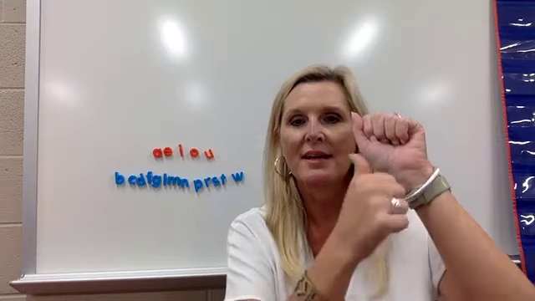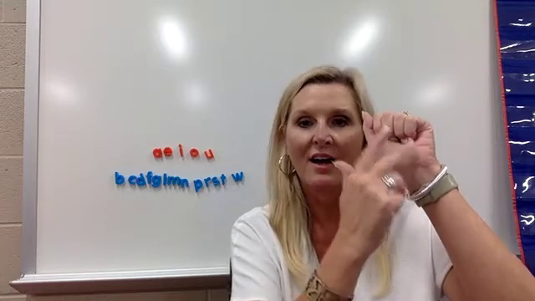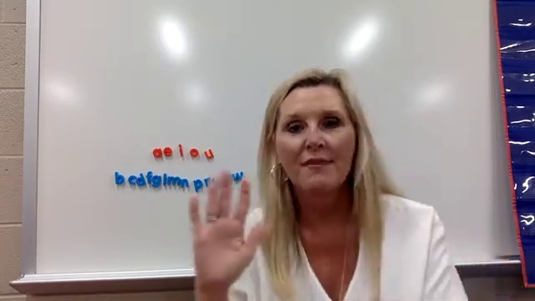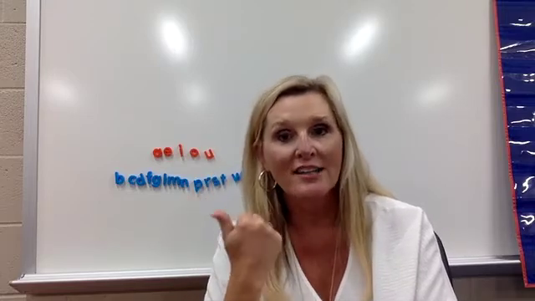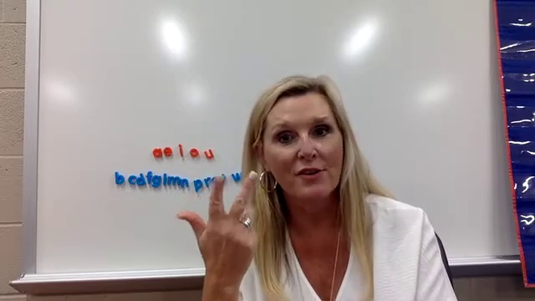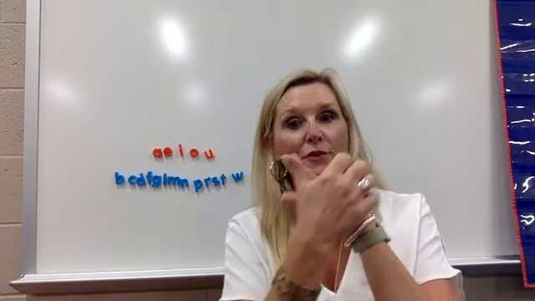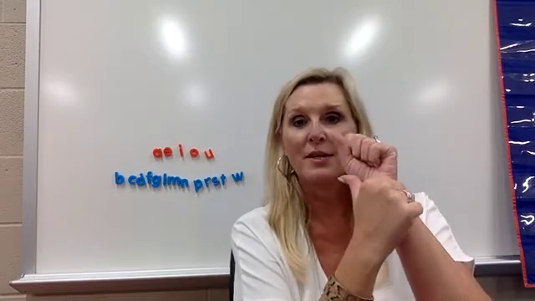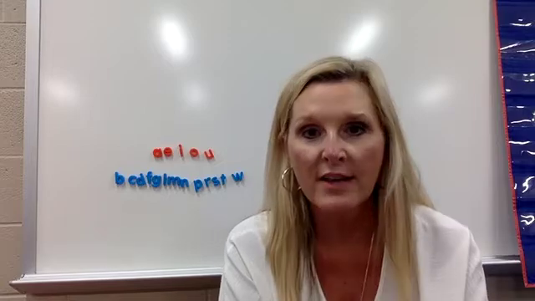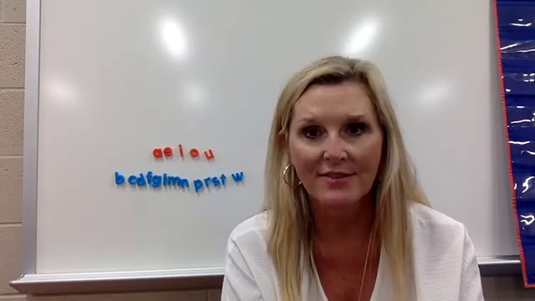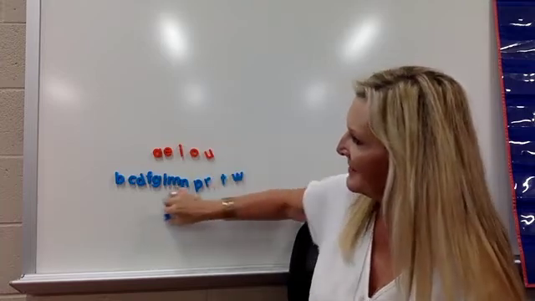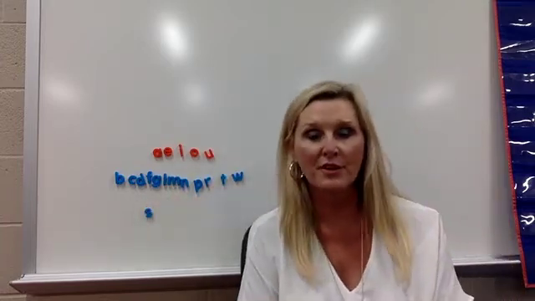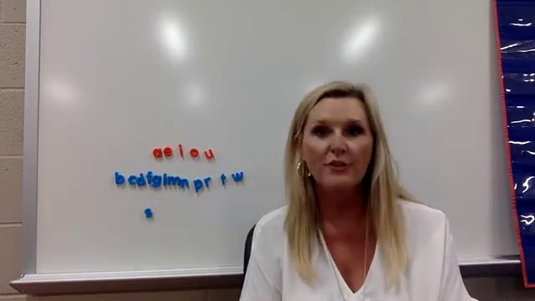Do it again with me. 5 sounds. After I do that, I need to match a letter for each sound that I hear. So the first sound that I heard was S. What letter makes the S sound? That's right. Letter S makes the S sound. So pull down your letter S, or you can write your letter S.